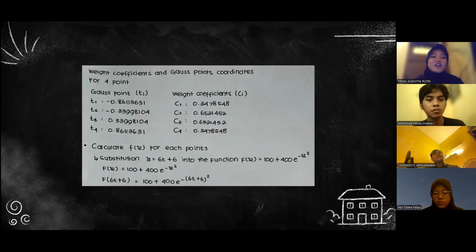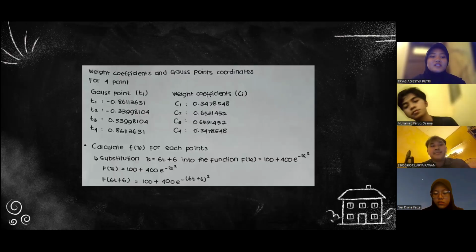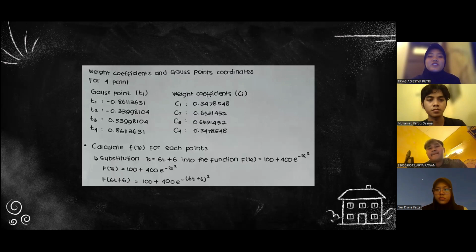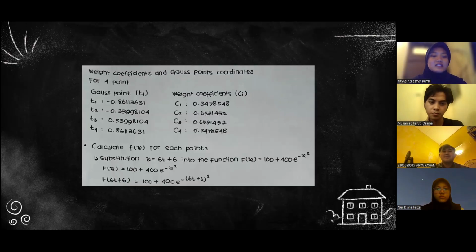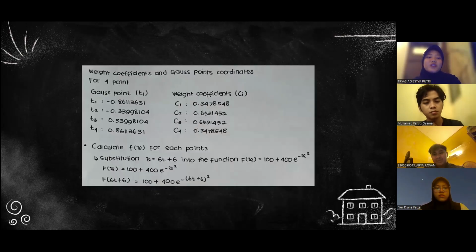Next, based on the table in the Chapra numerical methods book, we use the weight coefficients and Gauss point coordinates for 4 points, like in this picture. The next step is to calculate the value of f(x) for each point.